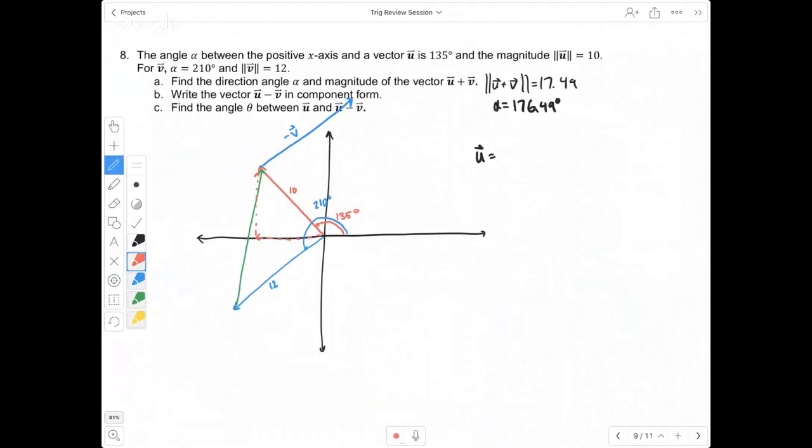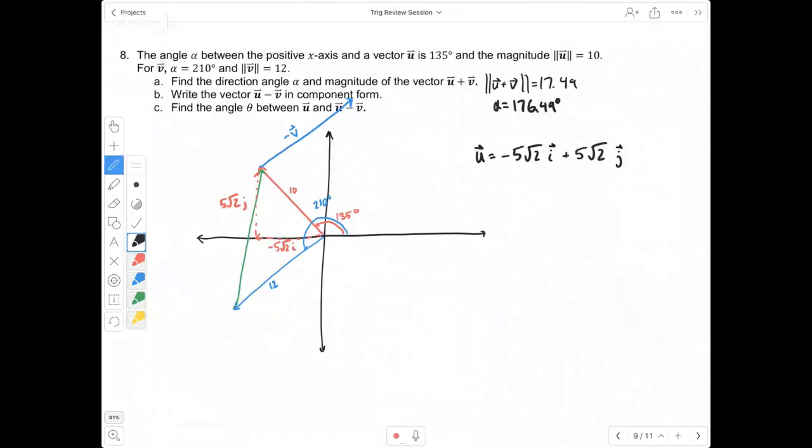So that means that this is 5 root 2 j going up. And this is negative 5 root 2 i going left. So u could be expressed as negative 5 root 2 i plus 5 root 2 j.